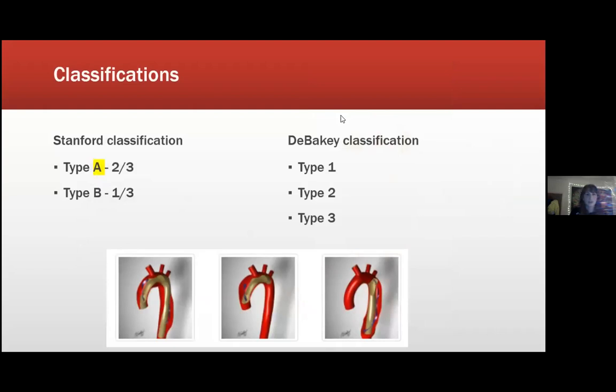So there's some ways you can classify aortic dissection. There are two types of classification. There's the Stanford classification, which divides them into type A and type B, type A being more common at two-thirds. Does anyone know what type A is?